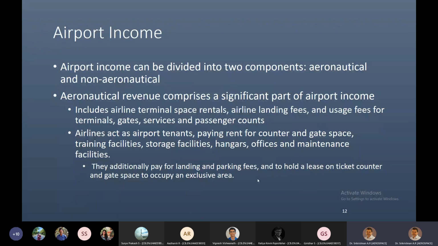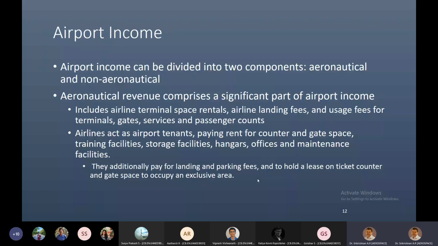Some examples are the terminal space rentals, as we briefly mentioned earlier, that is, the terminal space being rented out to restaurants, other shopping outlets, etc. The income from them can be considered as aeronautical income.